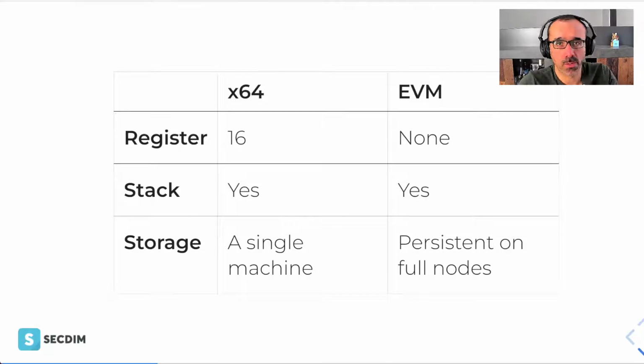If it is on my own machine, it could be a single machine, but if it's a cloud server, multiple cloud machines, or backups of those cloud machines, we are talking about a limited subset of machines that will store the data. When it comes to the EVM, all the transactions and all the contracts are persistent on all the full nodes in the network.